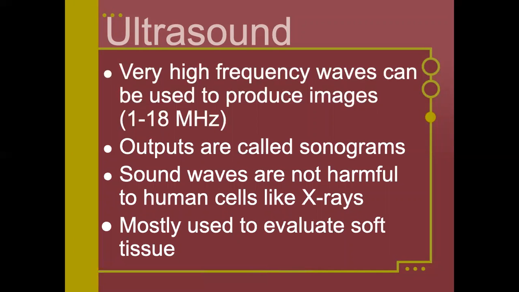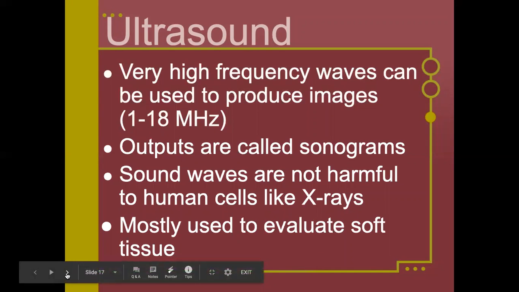Those outputs, those maps, are called sonograms, most frequently used for pregnant women, right? They map or show the picture of the baby, but they're also used for a variety of other reasons to evaluate soft tissue. We use ultrasounds because the sound waves are not harmful like X-rays are.